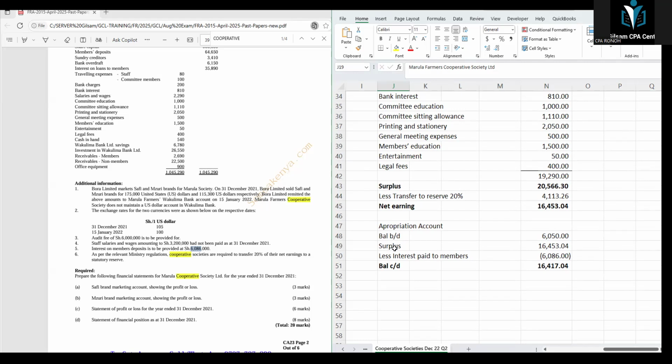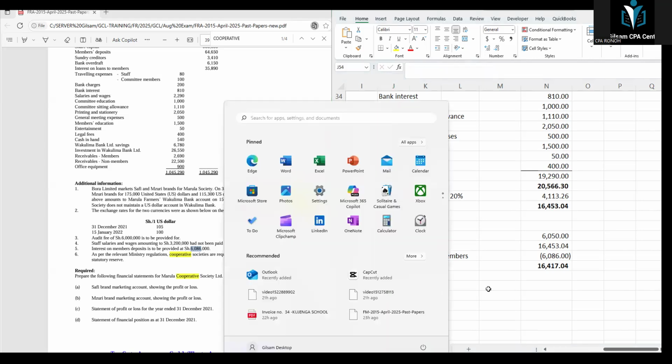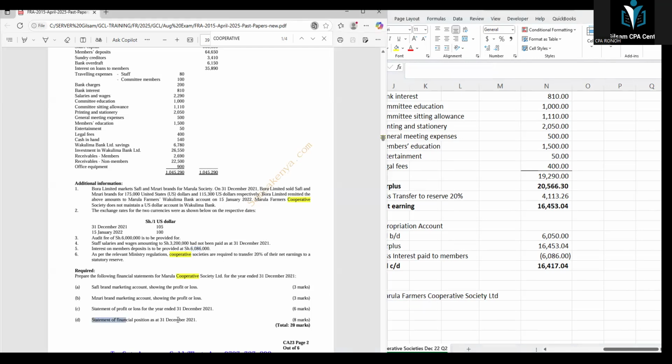So make sure you write. Good. So we can have the farmers' statement of financial position.